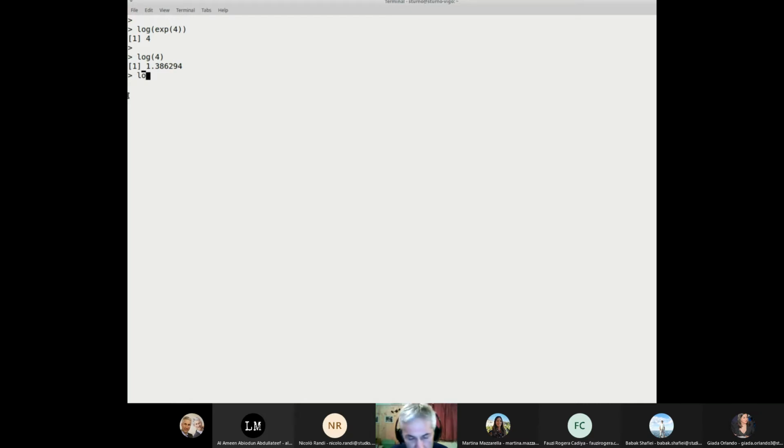So if I wrote something like log 4, I would get an error. Log, what is the argument? It's a number, 4. I need to give it between round parentheses. What I computed at the top of the screen, log exp 4. First, let me get it back. In order to get it back, I can use the arrow up key.